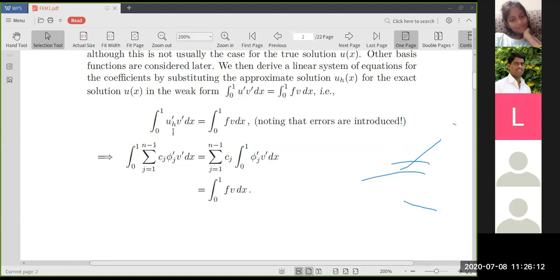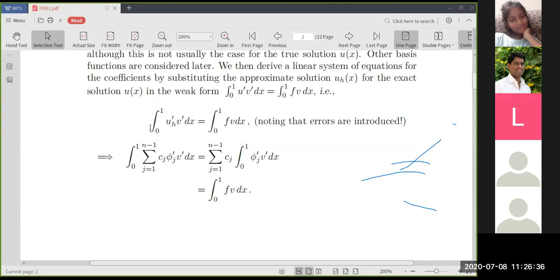So this is integral 0 to 1 uh dash v dash dx equals integral 0 to 1 f into v dx. Now the exact solution u is replaced by the approximate solution uh. That's why we are getting the derivative uh dash. u is the exact solution, uh is the approximate solution. So we are replacing the exact solution by the approximate solution.